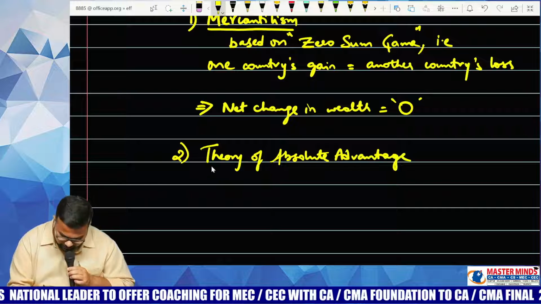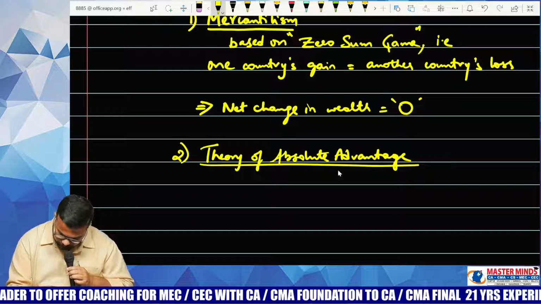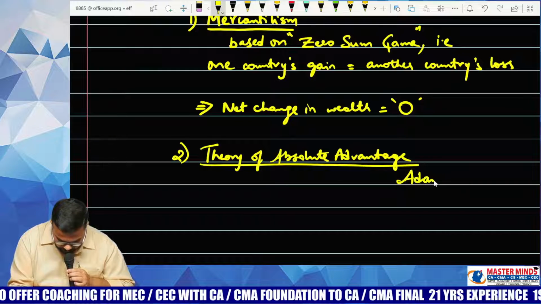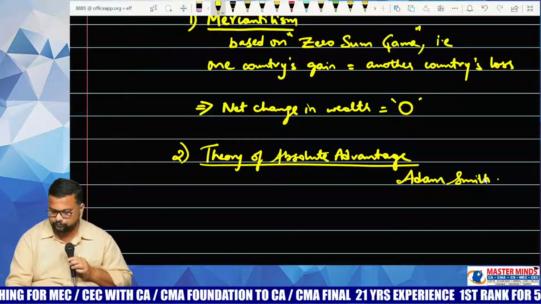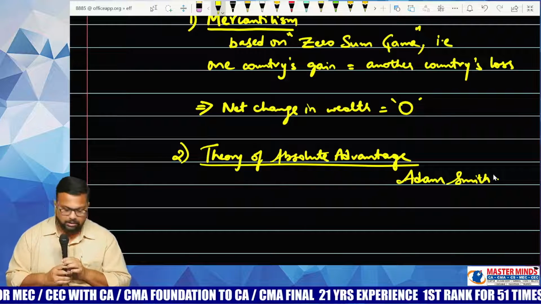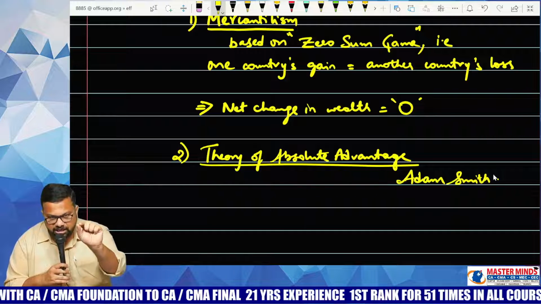This theory was given by Adam Smith. And just like any other theories in economics, this theory is also based on certain assumptions.